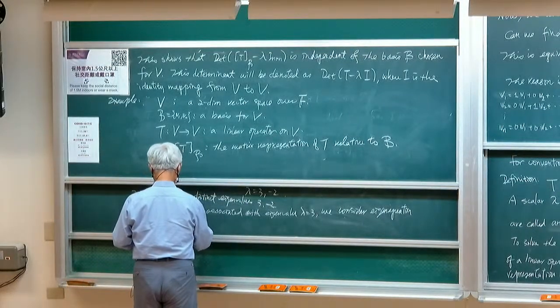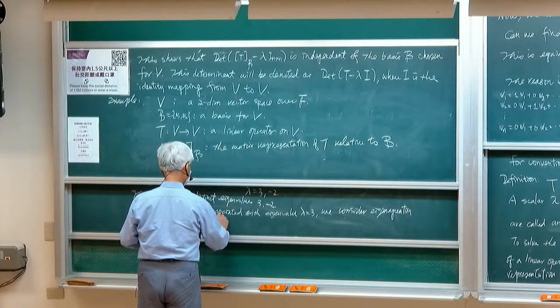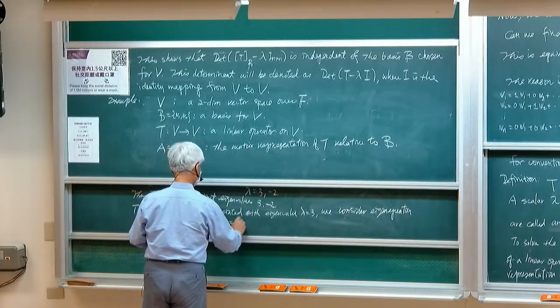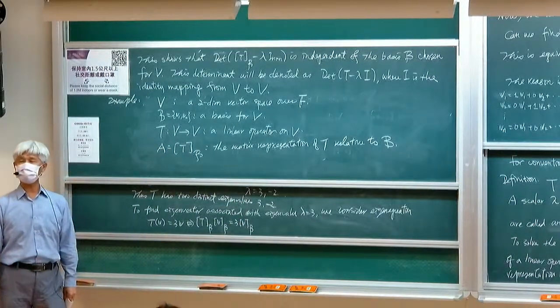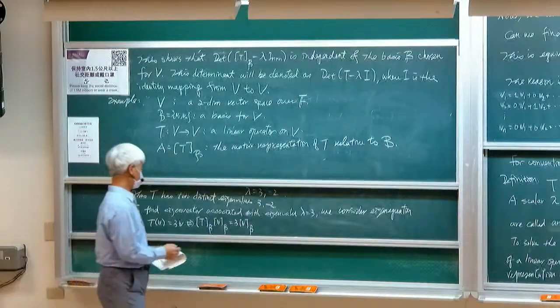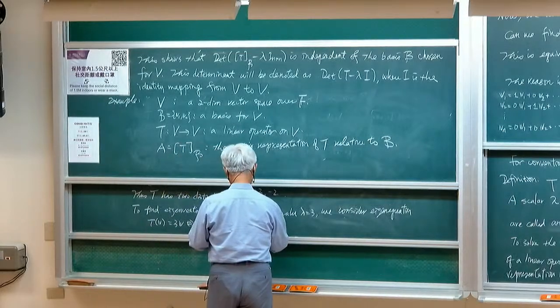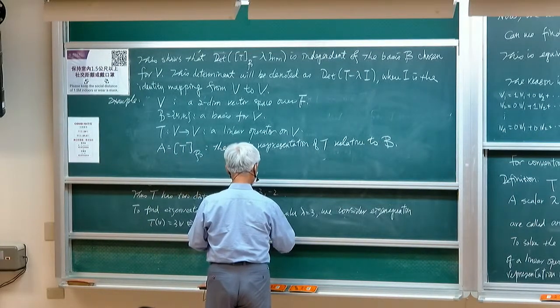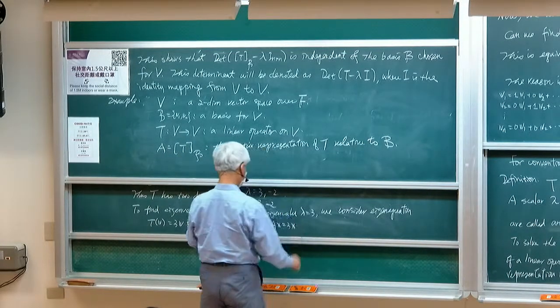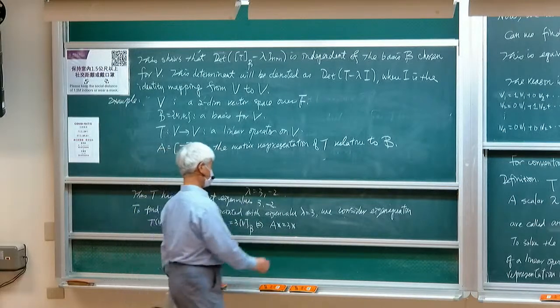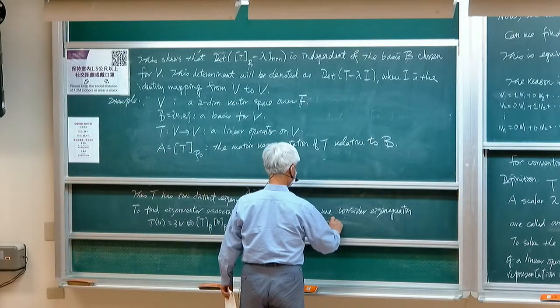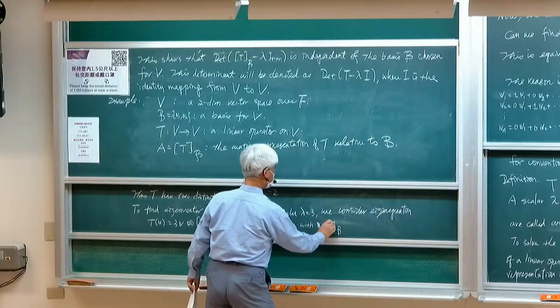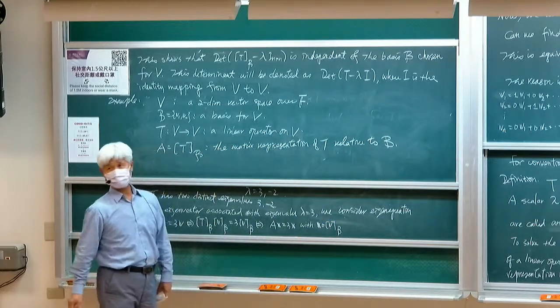Okay, so by taking the B coordinate, we have this one, and so this is equal to Ax equal to 3x. Okay, so we know x is just the B coordinate of the unknown eigenvector V, if it exists.